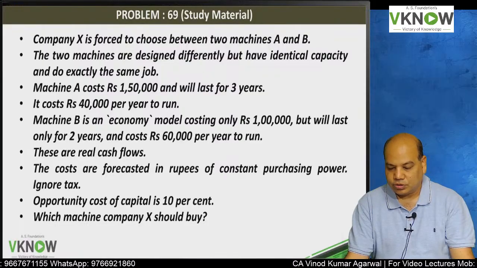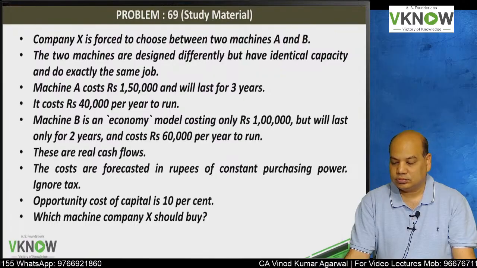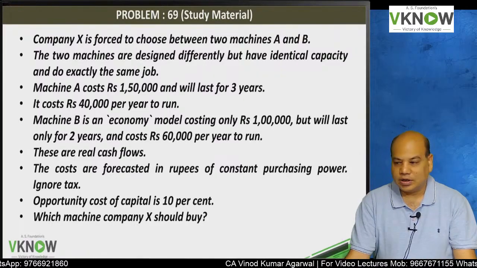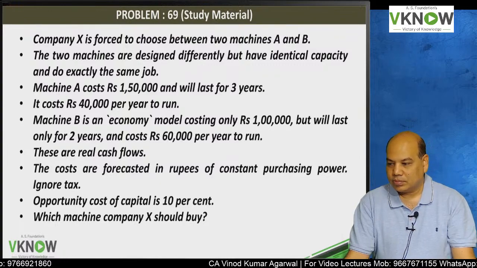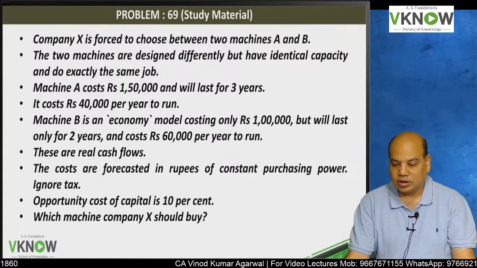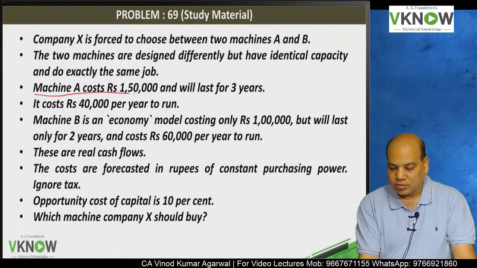Company X is forced to choose between two machines, A and B. The two machines are designed differently but have identical capacity and do exactly the same job. Question is from study material.